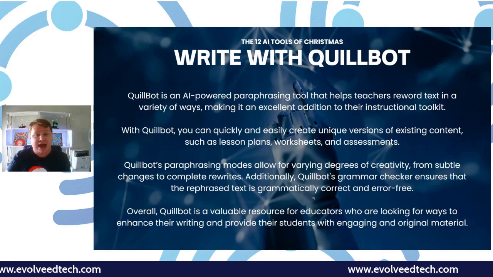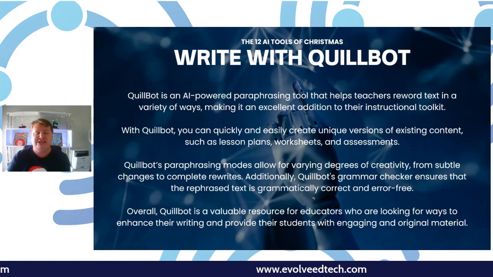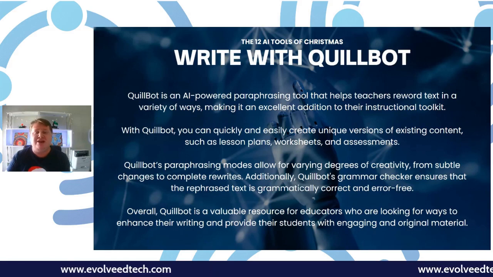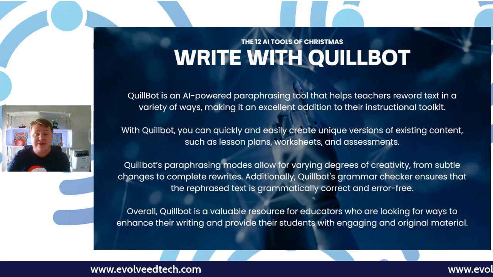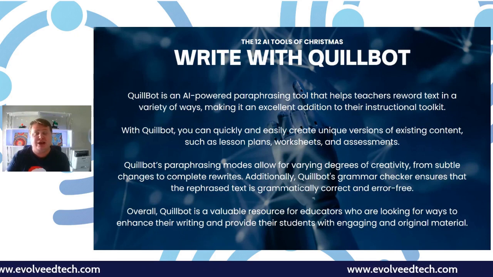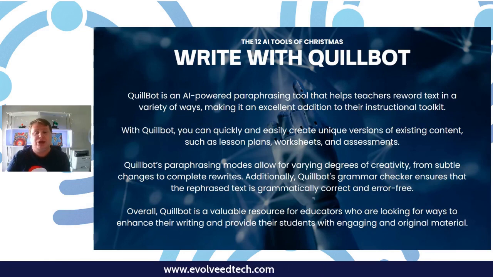Using Quillbot, you're able to create those reworded texts, reworded activities in a really effective and efficient way. So with Quillbot, you can also quickly create unique versions of existing content, such as lesson plans, worksheets, assessments. How amazing would that be? What a time saver. So being able to create differentiated versions of the same activities using Quillbot, big plus in my book.